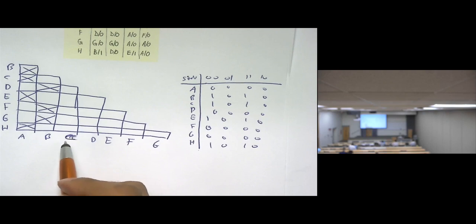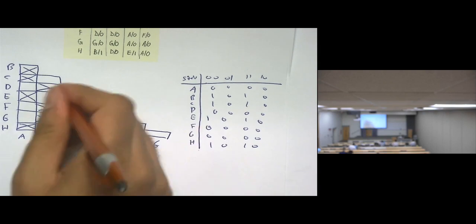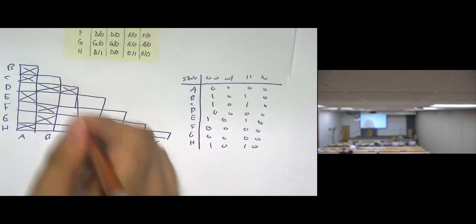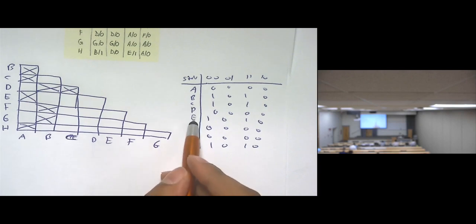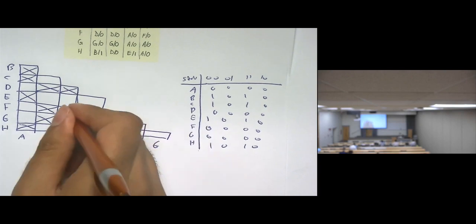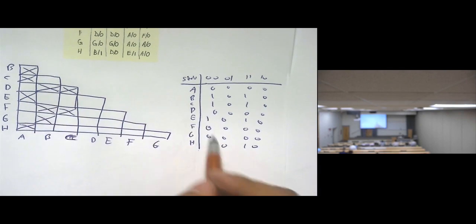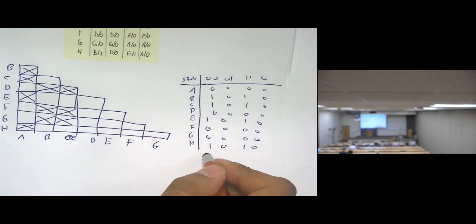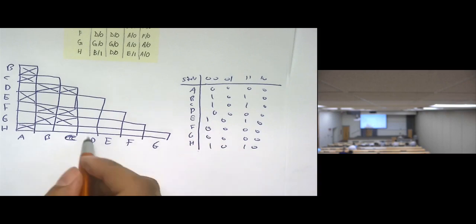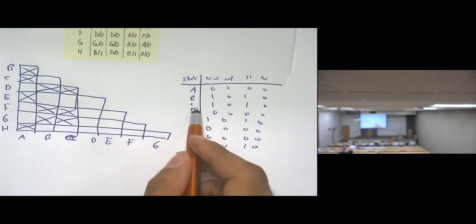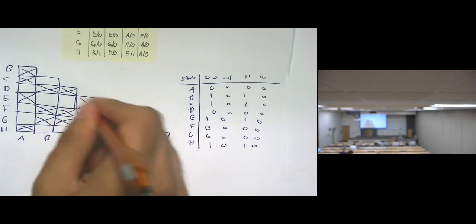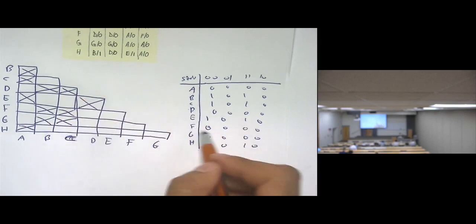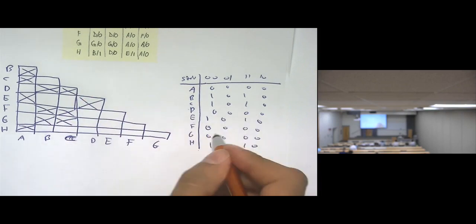How about C? C and D, cross it. C and E, keep it. C and F, cross it. C and G, cross it. C and H, keep it. How about D? D and E, cross it. D and F, yes, keep it.